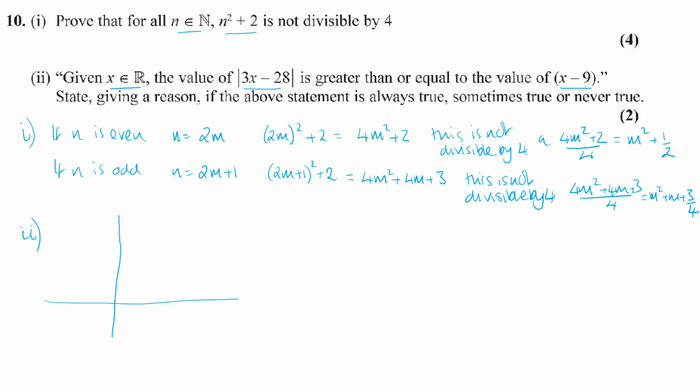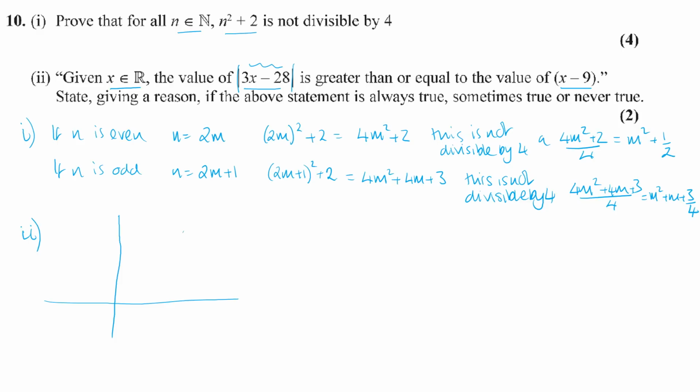Now the mod lines just mean that when you've got anything in between them, you just read it as its absolute value and you just take it as the positive value. So it's not going to be a problem until the graph of 3x minus 28 goes under the x-axis.